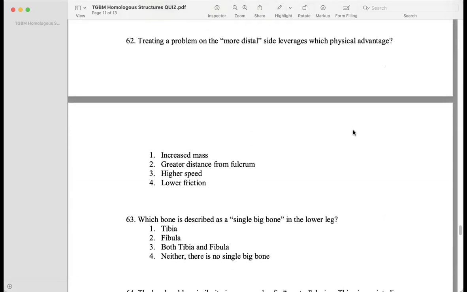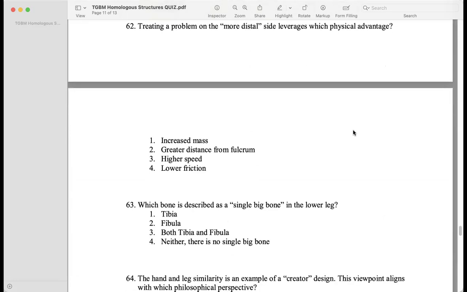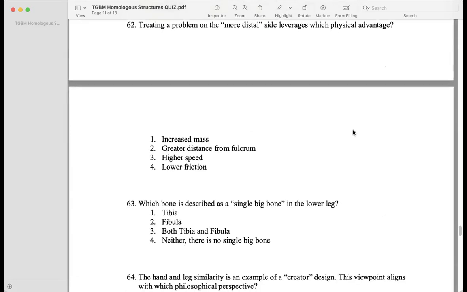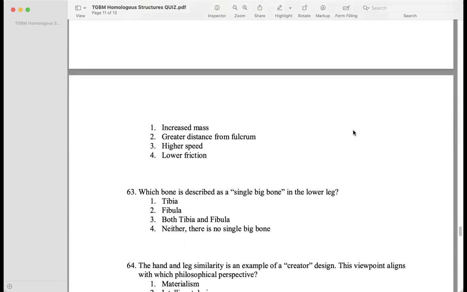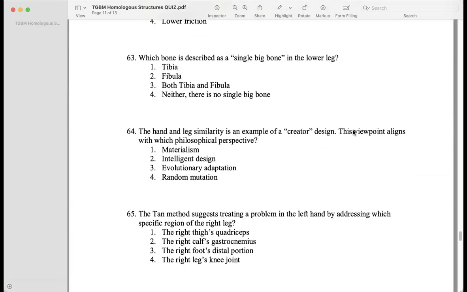Treating a problem on the more distal side leverages which physical advantage? Greater distance from the fulcrum. Which bone is described as a single bone in the lower leg? Neither, there is no single big bone on the lower leg.